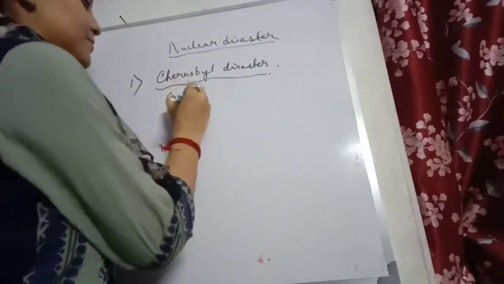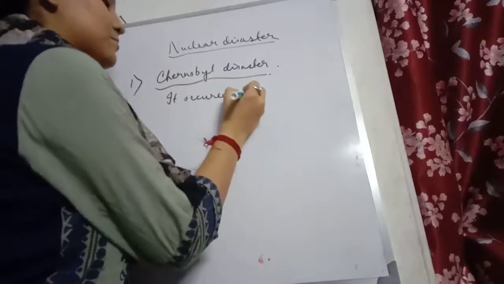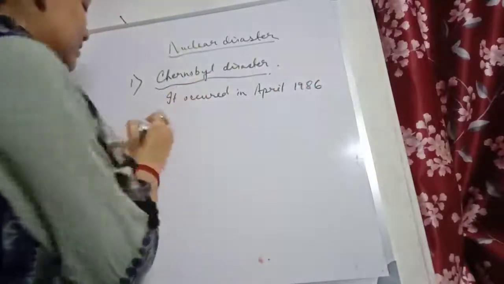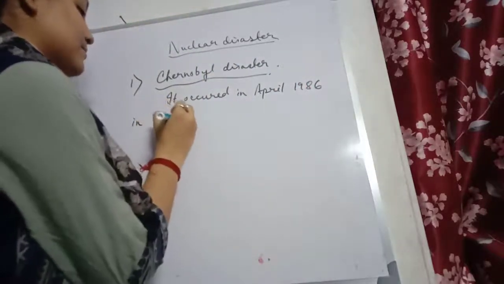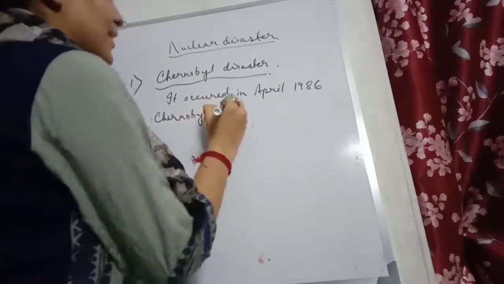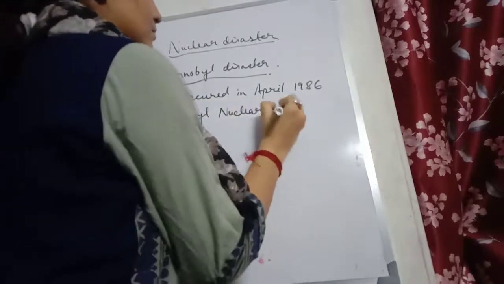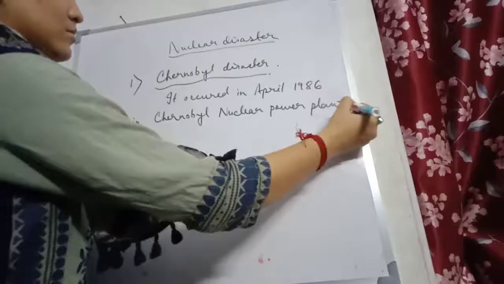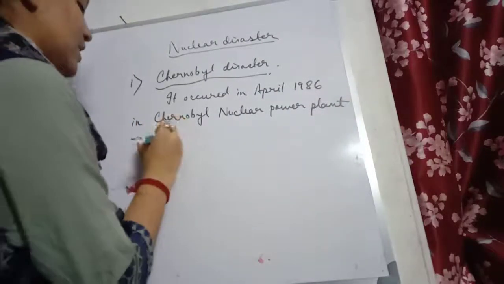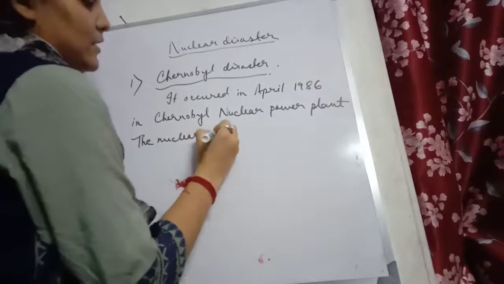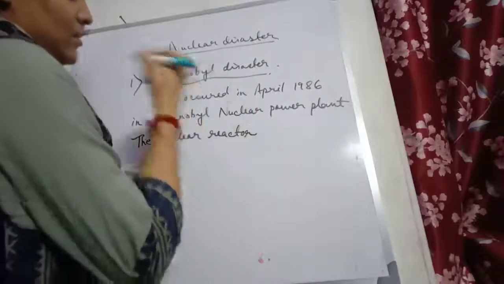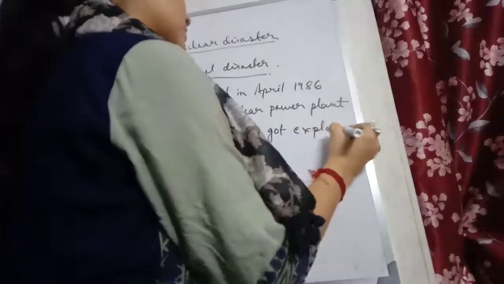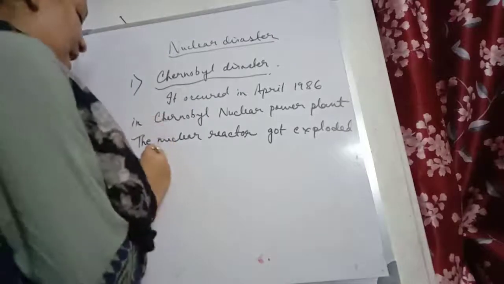It occurred in April 1986 in the Chernobyl nuclear power plant. The nuclear reactor exploded and caught fire.